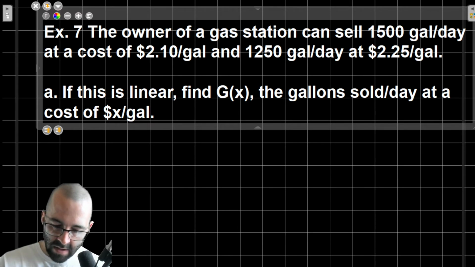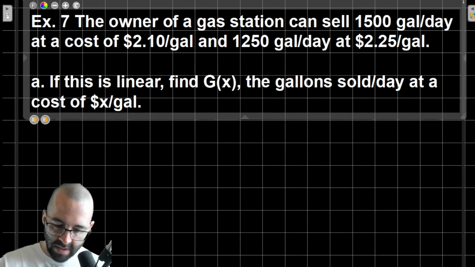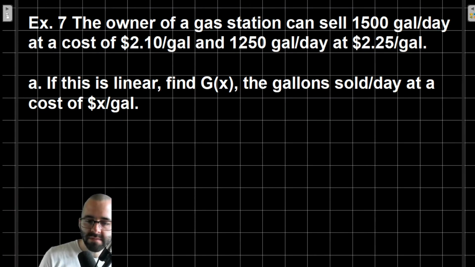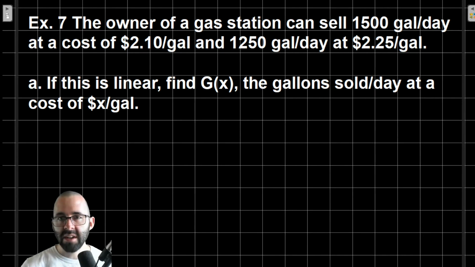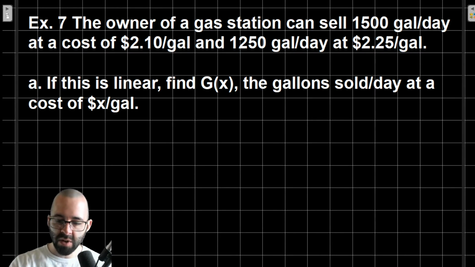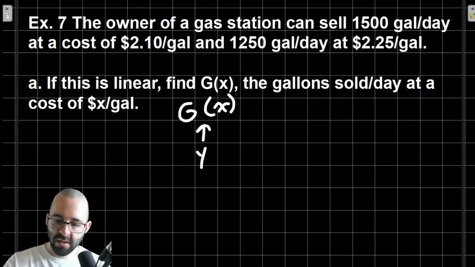All right. So we need to find the line. Okay. This says linear. Linear means we're looking for the equation of a line. So notice that g of x, right, this is kind of like our y value.